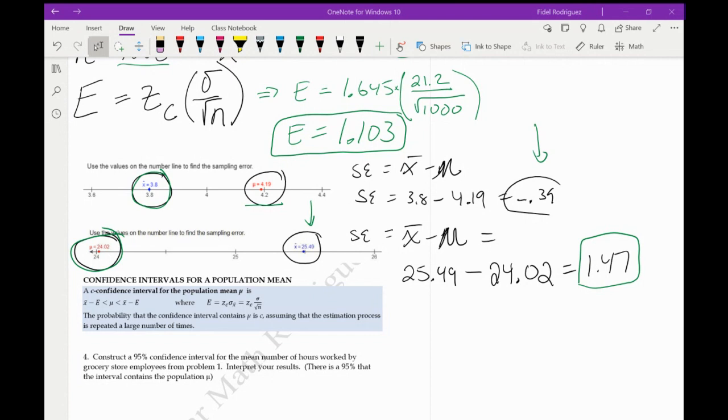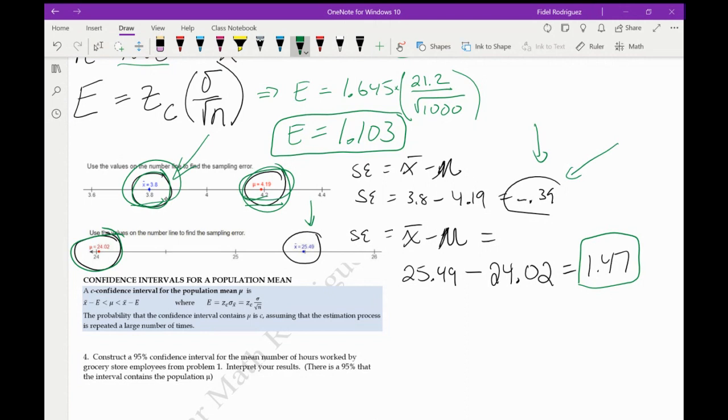That's right. Remember, what I'm doing here is trying to find how far this number is from this one. This one was to the left of this number, so that means I underestimated. Because we were lower, we came up with a negative value.